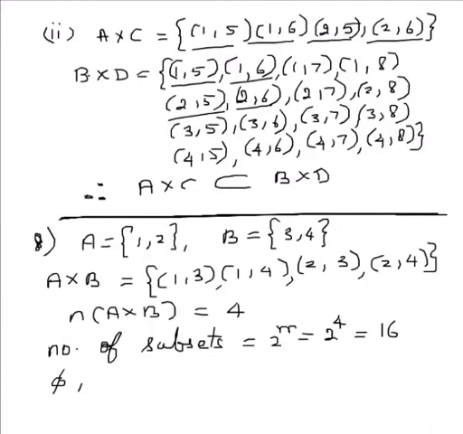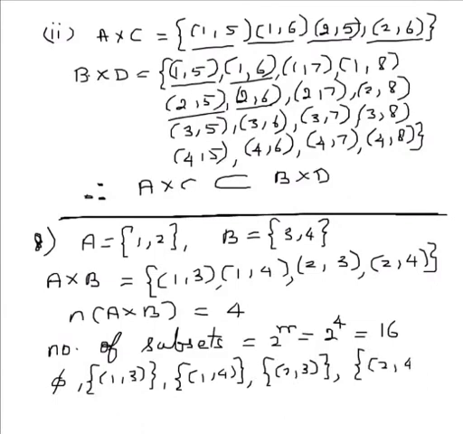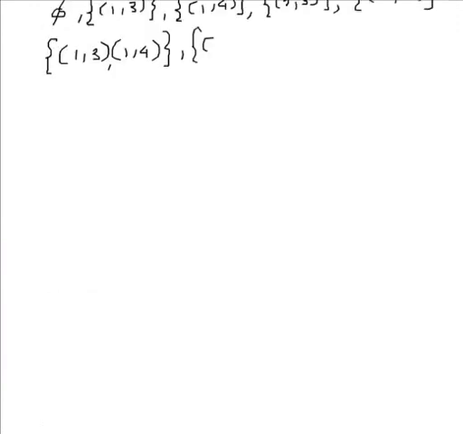Now we will write all singleton sets with one element. {(1,3)}, {(1,4)}, this is a subset. {(2,3)} alone, this also forms a subset. Then {(2,4)}. Now we will go for subsets with 2 elements. All subsets with 2 elements we will write. (1,3) is one element, (1,4) is the second element. And then (1,3), (2,3).